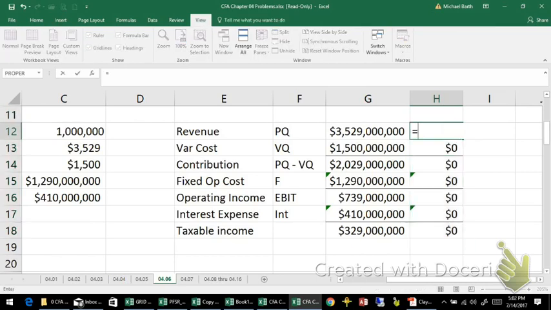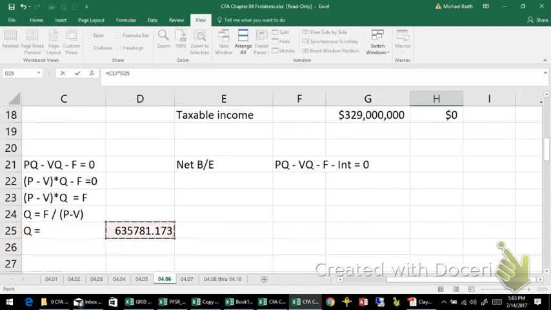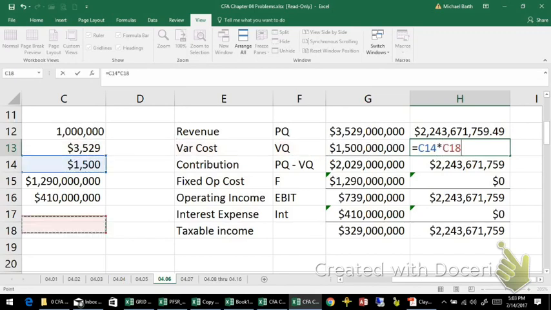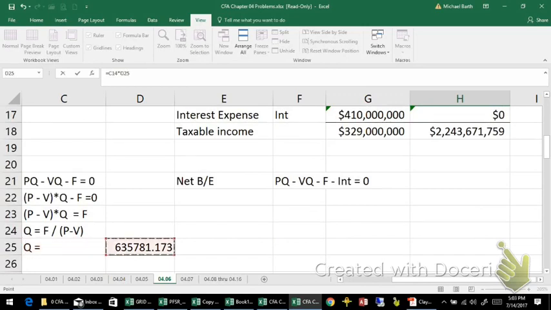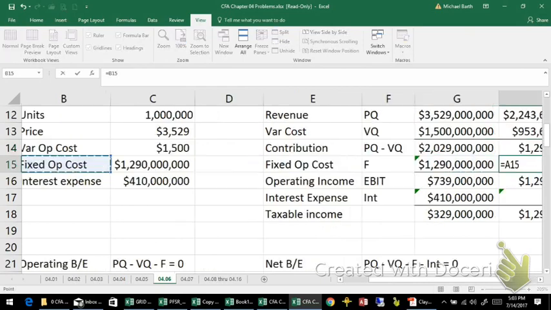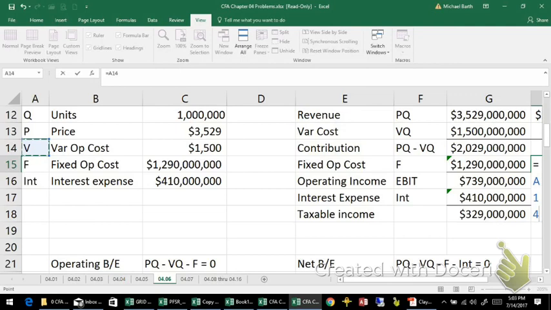So if I took price times this quantity, and then I took the variable cost of $1,500 times this quantity, that would give me exactly $1,290,000,000 of contribution towards the fixed cost.